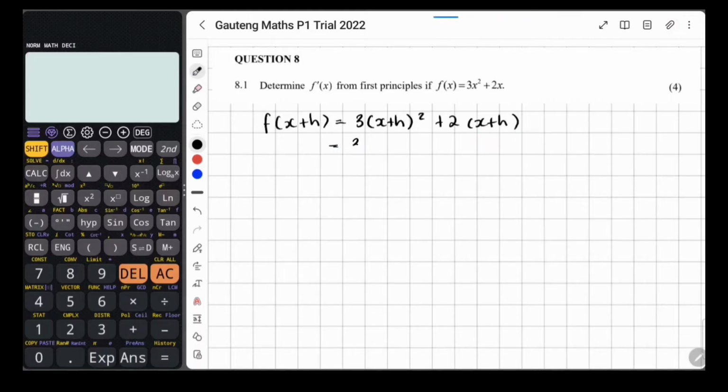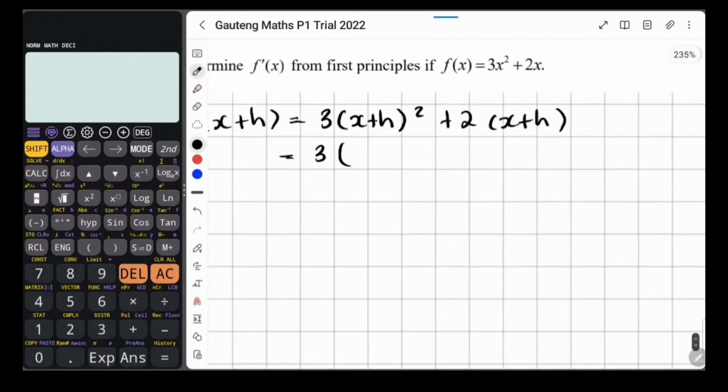And this will give us 3, and then we still have inside this bracket. Remember how to work this out. Instead of writing the bracket twice, you square the first term, that's x squared. Then you take the first term, multiply by the second term, that's xh, and you times that by 2, so that's positive 2xh. Then we have plus h squared, because we squared the last term.